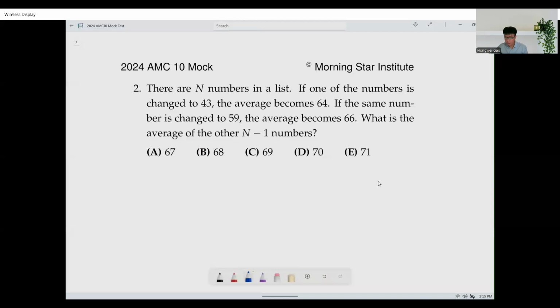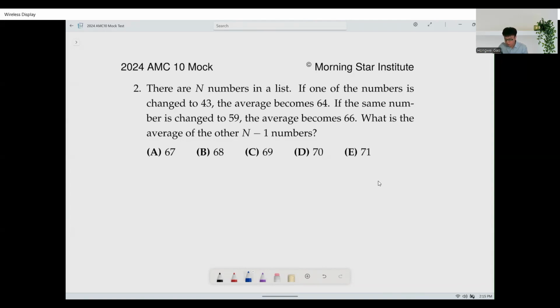Question 2. Here we have n numbers. If one number is changed to 43, the average becomes 64. If this number is changed to 59, the average becomes 66. What's the average of the other n-1 numbers? Let's look at the change of the sum of the n numbers.